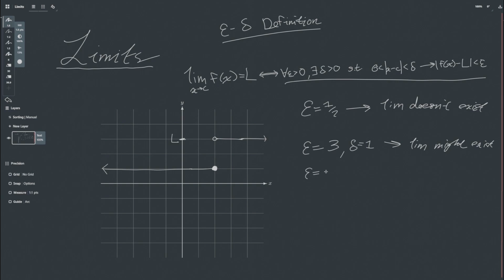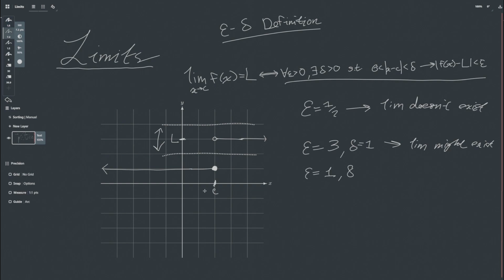So let's go down to epsilon equals 1. So now we have this vertical range of values right here. So now let's choose some delta around our point here, c.